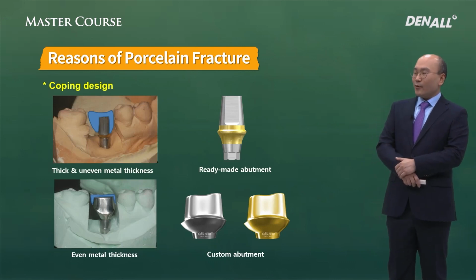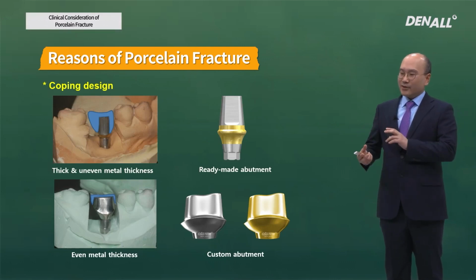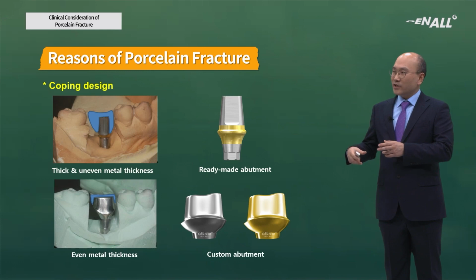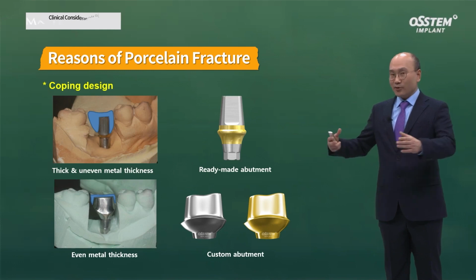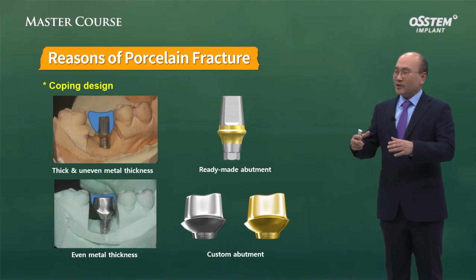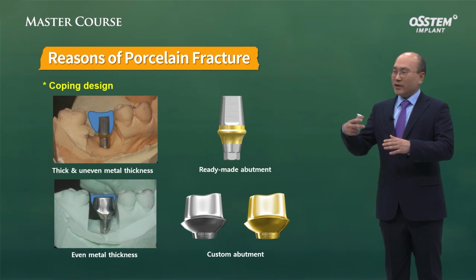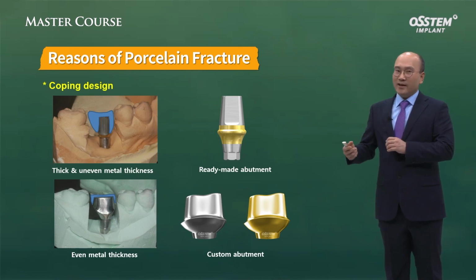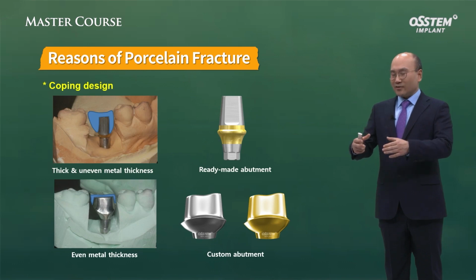And as I said before, in the past you used casted custom abutments, but mostly you used ready-made abutments. A premolar might be okay, but on the molar side, if it's wide and you don't use a well-matching ready-made abutment, the metal structure could be uneven, and in the buildup, due to temperature difference, it could become vulnerable.